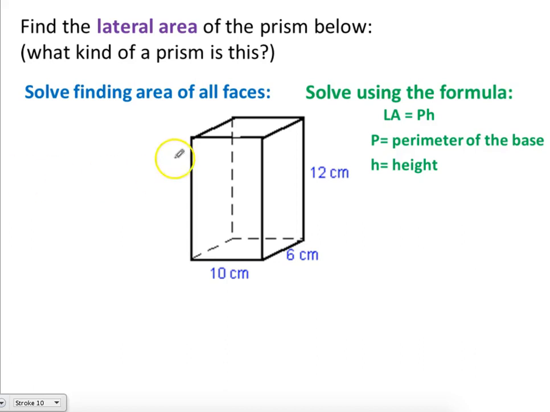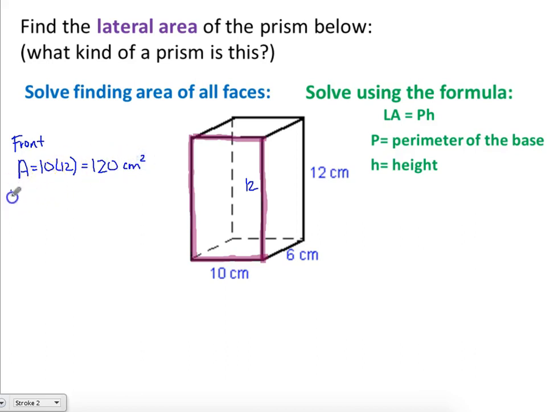So let's go ahead and focus first on the front side and the back, which have the same dimensions, right? This front here has a base of 10 and a height of 12. We'll call this the front. So the area is going to be 10 times 12, which is 120 centimeters squared.